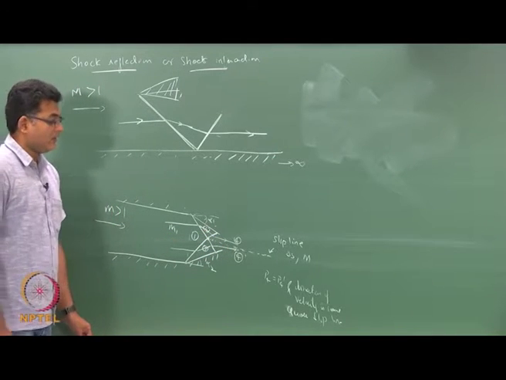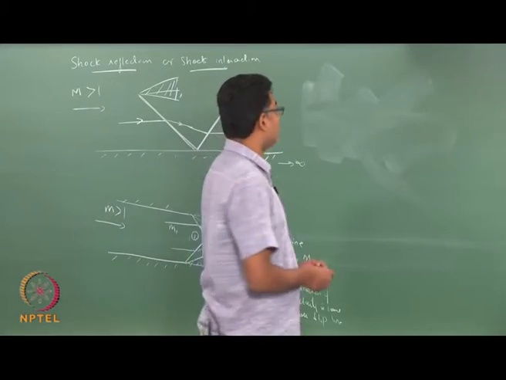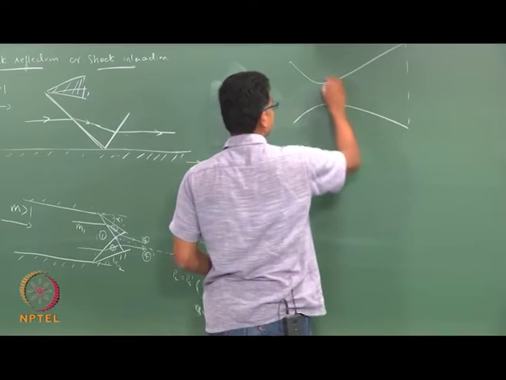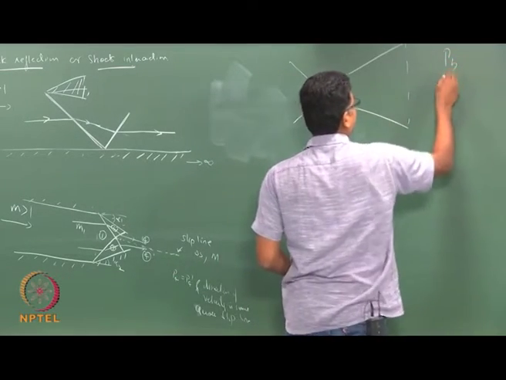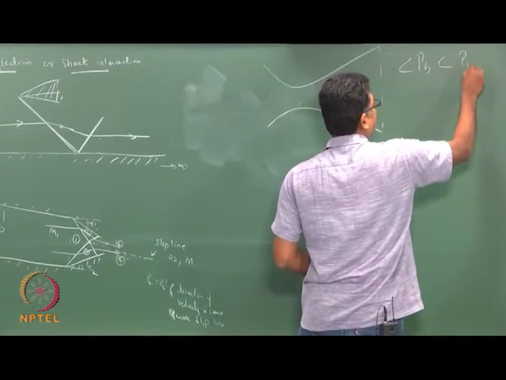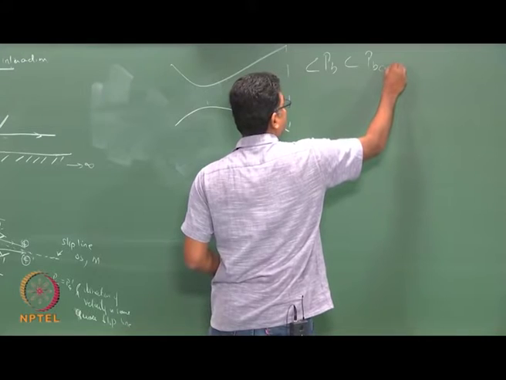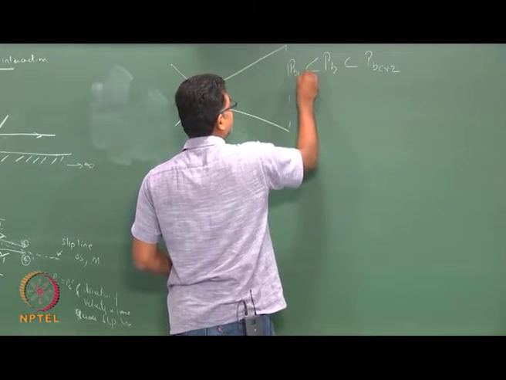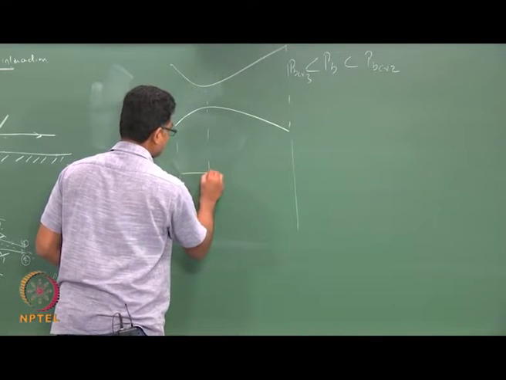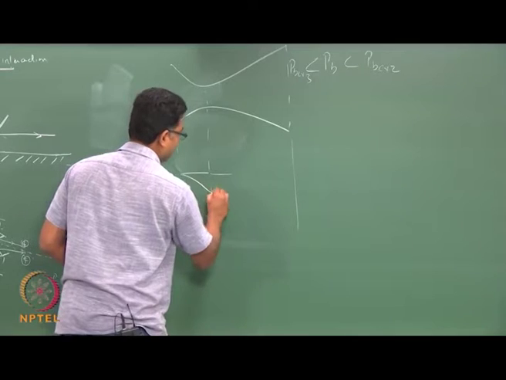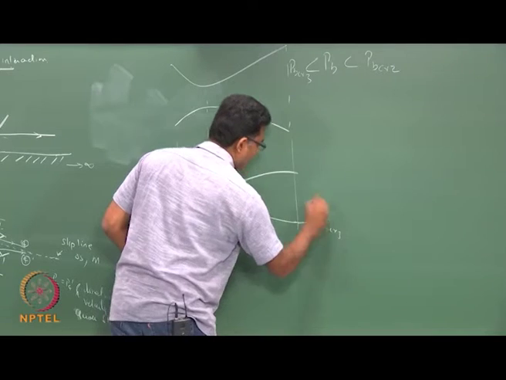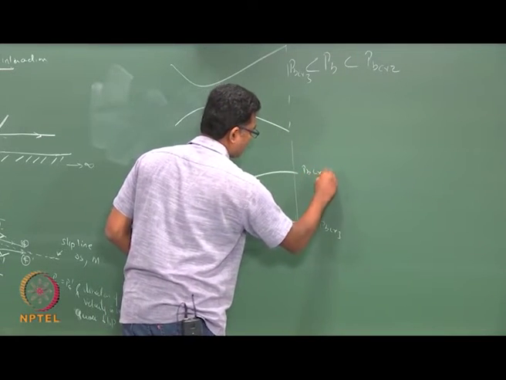Now, the same thing is happening in a flow in a nozzle. So, if I have a CD nozzle, and my PB is between PB critical 2 and PB critical 3, so if I have an isentropic solution like this, this is my PB critical 3 and this is PB critical 1.